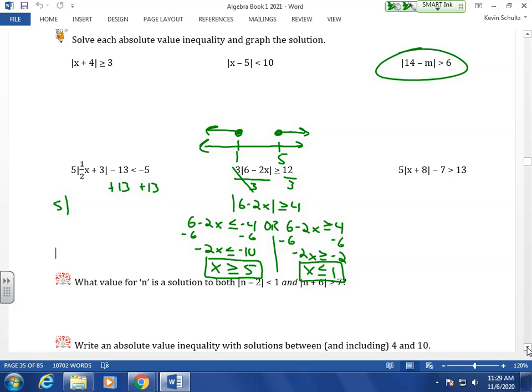So adding 13 to both sides gives us 5 times the absolute value of half x plus 3, and that's less than 8. And we do need to divide by 5 to get the bars by themselves. Finish this prep work here. And we get absolute value of half x plus 3 is less than 8/5.